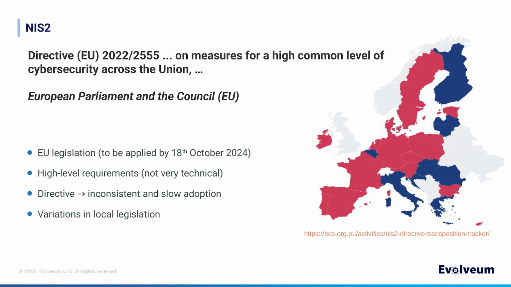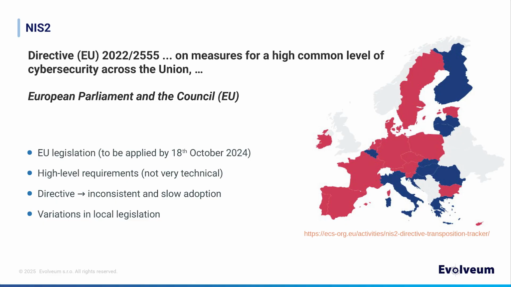As it needs to be transposed to national law, each member state needs to update its legislation to match NIS2. As you can see on the right-hand side, there is a map of the European Union. The states shown in blue have already transposed the directive. The states shown in red have not yet done so.